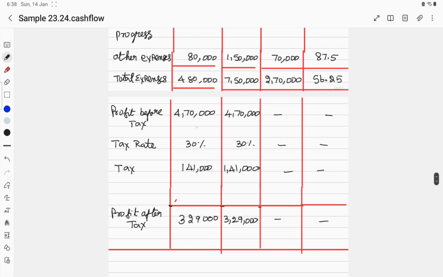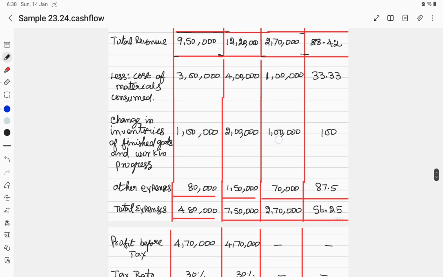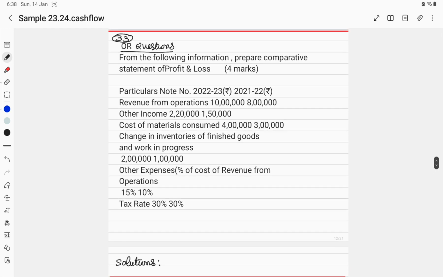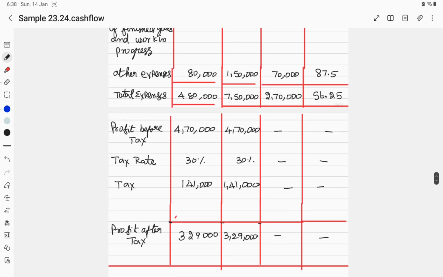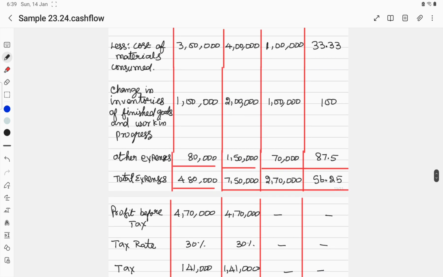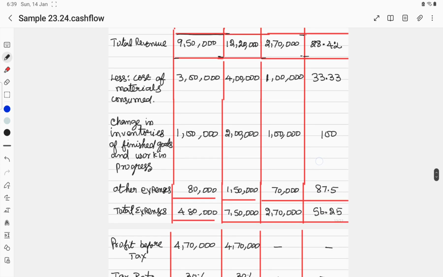Profit before tax 4,70,000, 4,70,000. Nine lakh 50, 4 lakh 80.